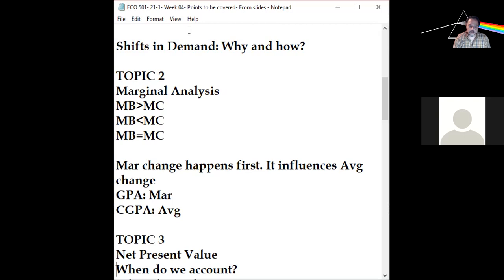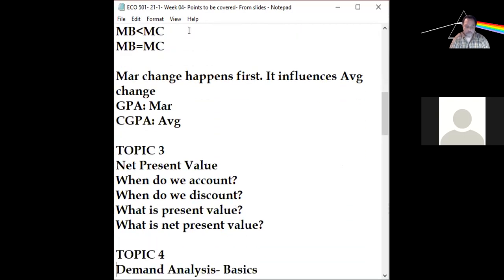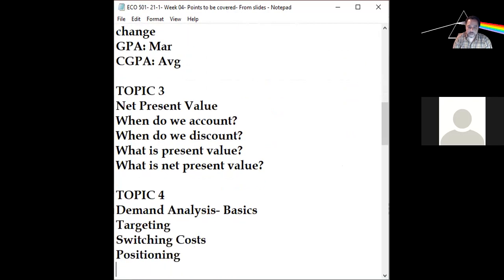Topic 3, we're going to look at what problems arise with marginal analysis and how we can overcome these problems through present value calculations. So these are more or less high school topics. If you have forgotten, no problem. Once we revisit them, they should be quite evident.